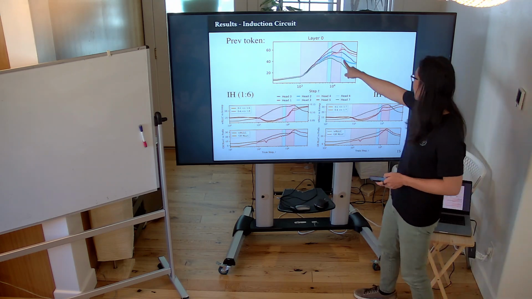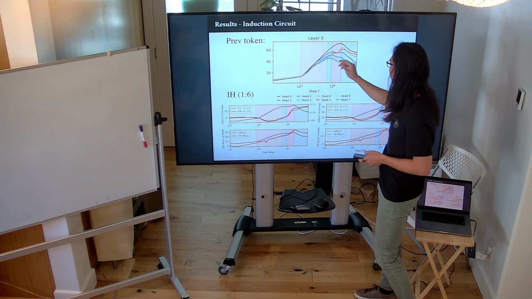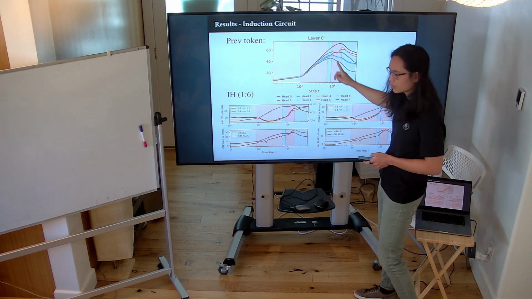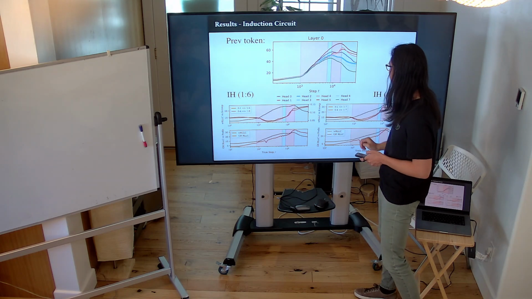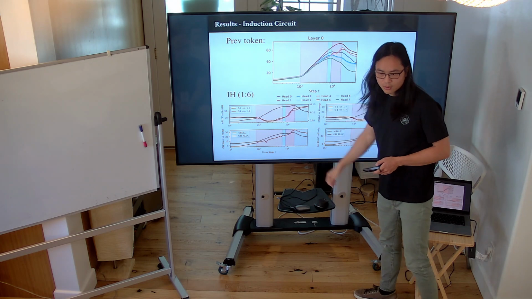And if we look at the previous token heads and their RLLC curves, we see there's a first peak here that coincides with the plateaued composition score, and the same for the second peak in them.